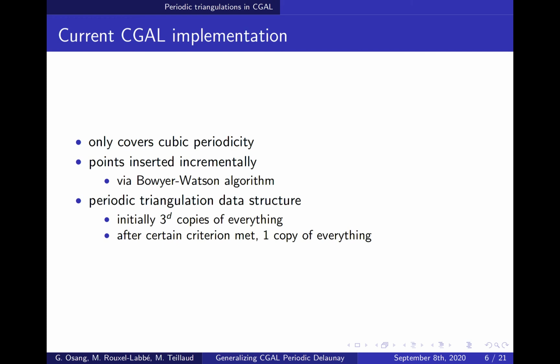So whenever the user inserts one point, internally there are 9 copies of the point inserted, or 27. And after a certain criterion is met, which I will explain later, only 1 copy of everything is needed. So everything is converted to only contain 1 copy, and of course the algorithm runs much faster.